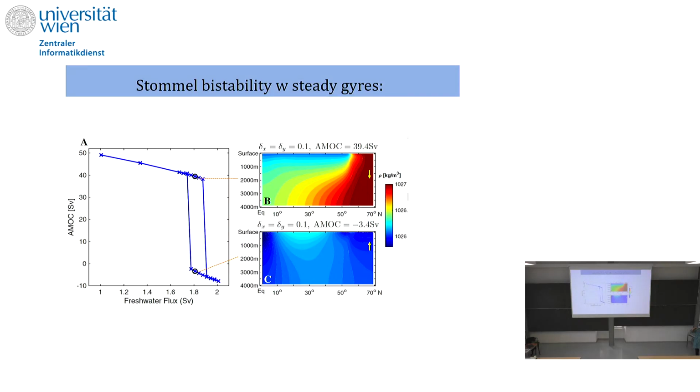So the boxes are not really separated, but still we see this. I guess this is the density field, okay? And you see that the density field is not divided into 4 boxes, but it creates the same bistability as one sees in the Stommel model, with our model.